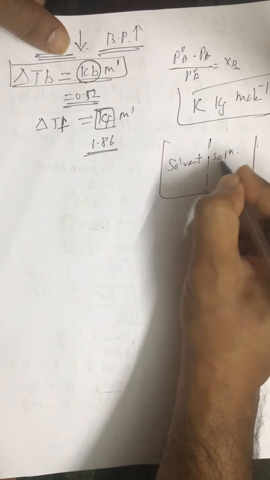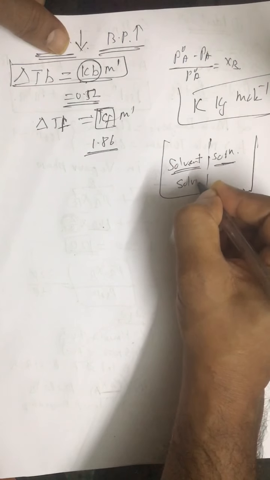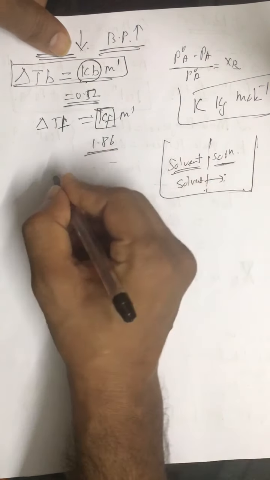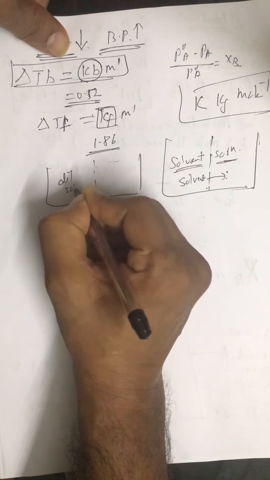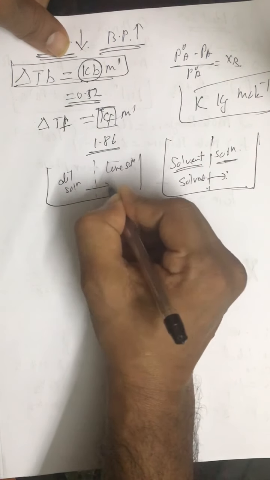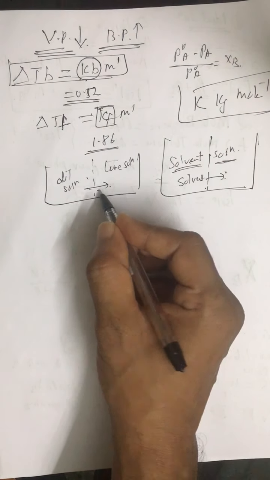When the solvent and solution are separated, we observe movement of solvent particles from solvent to solution. Or if you use a dilute solution and a concentrated solution, we will observe movement of solvent particles from dilute to concentrated solution. This is called osmosis.